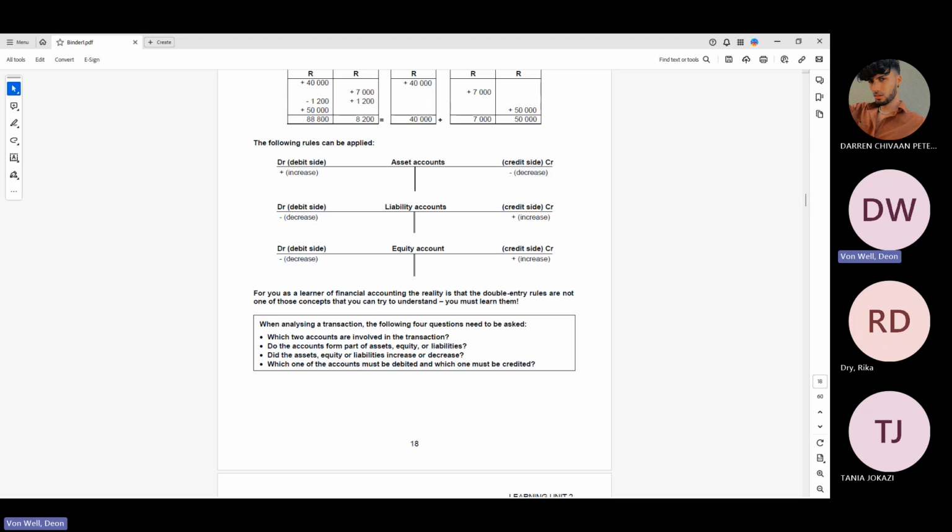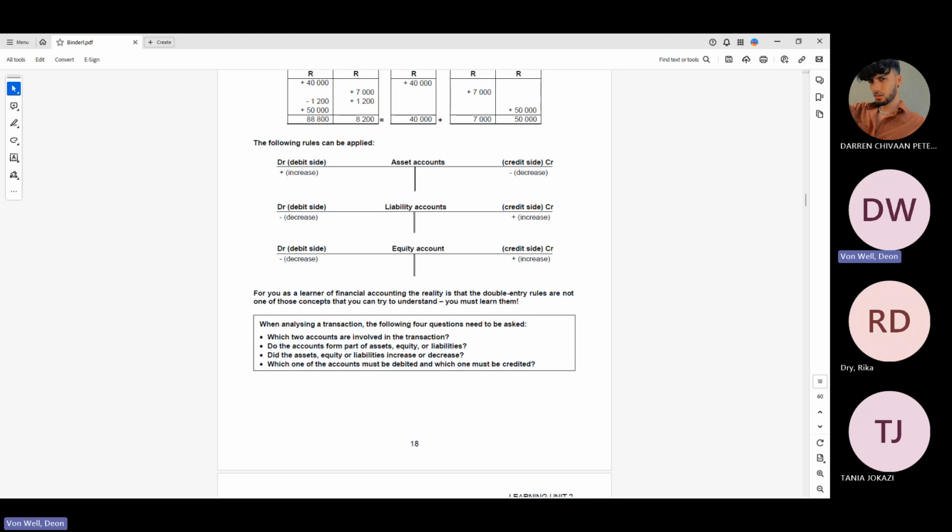So his equity is increasing, his capital account is increasing, and equity increases on the credit side. That's why the plus is there to show it increase. The minus is to show it decrease. So when he contributes, it goes to the credit side. When it decreases, it goes to the debit side.